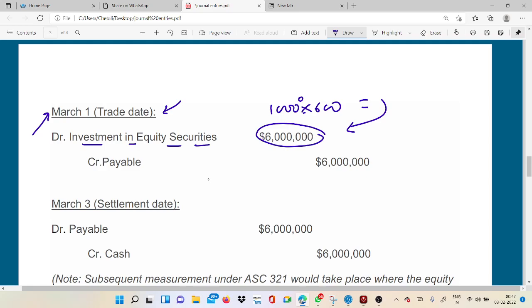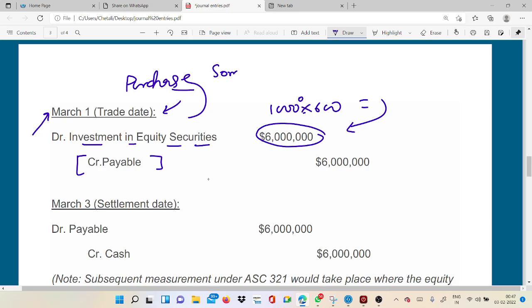But the very important part is here. In the above, what we have seen is, when you purchase something in cash, the accounting entry would be investment in equity securities account debit, cash account credit.